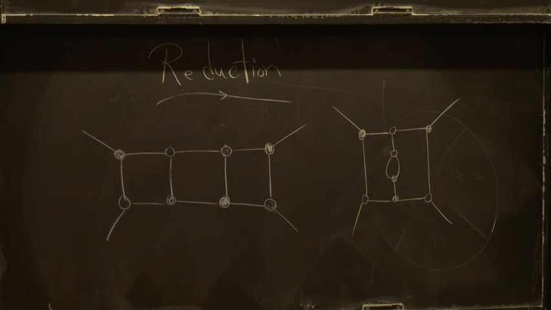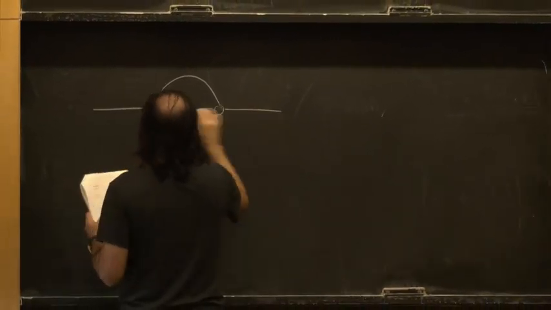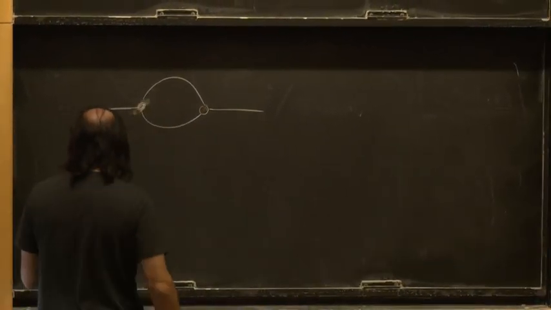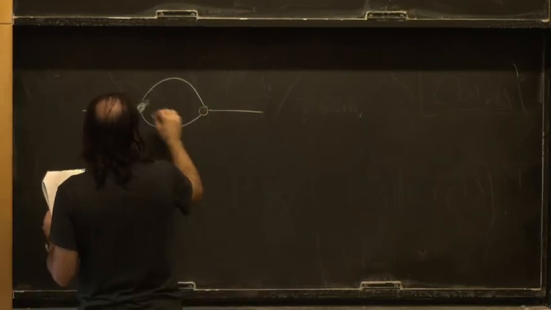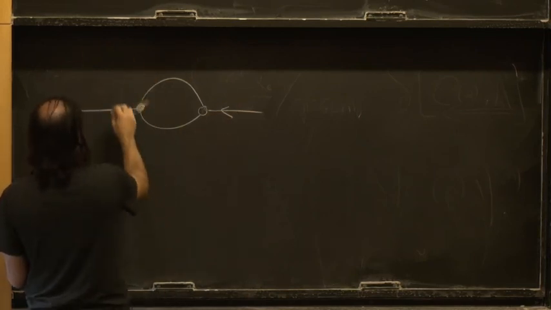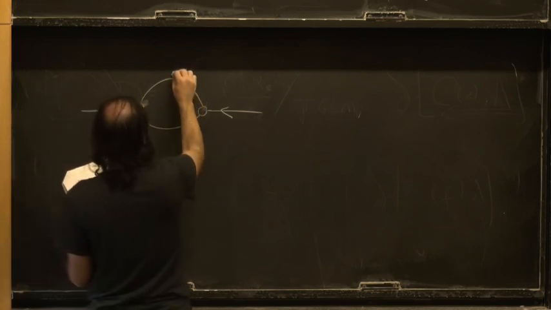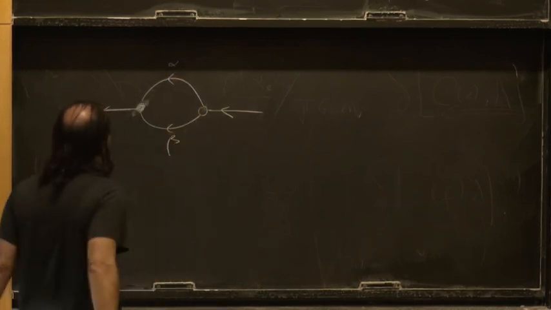All right, so what do we do with these bubbles? Let's say in my on-shell diagram to begin with, I had a bubble, and if this is inside a diagram, it doesn't matter what else is going on, but I have some perfect orientation here just for fun, with alpha and beta.